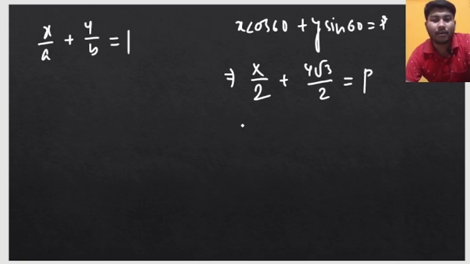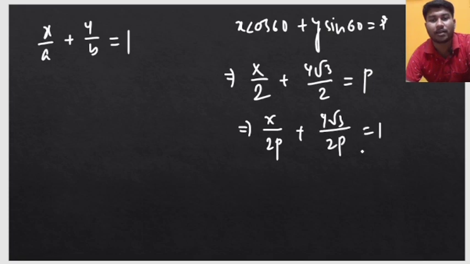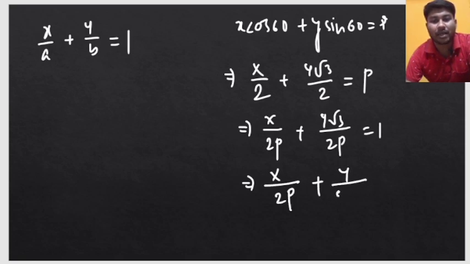Clear? Now if you divide the whole equation by p, that will be x by 2p plus y root 3 divided by 2p equals 1. It can also be written as x by 2p plus y by 2p by root 3 equals 1.